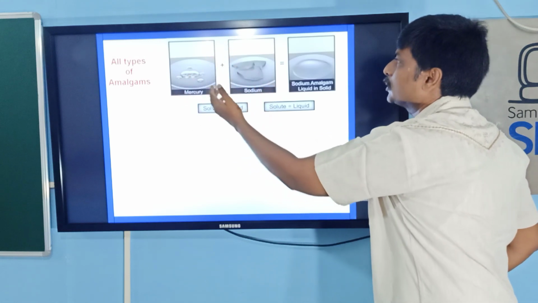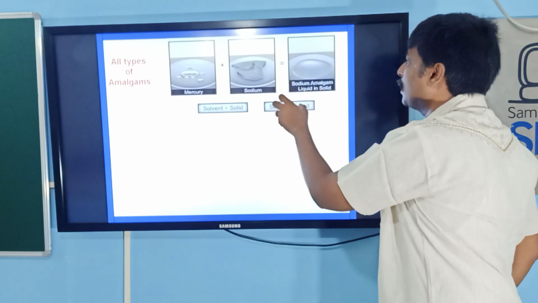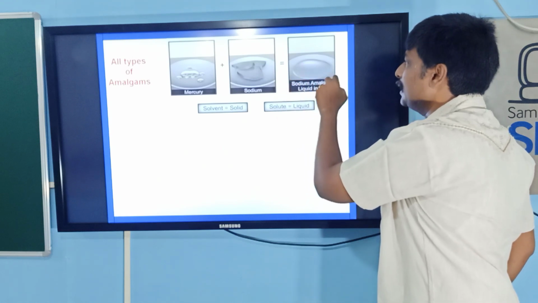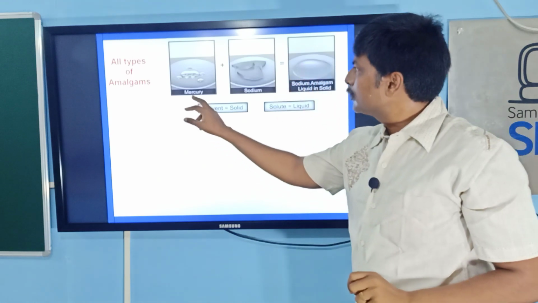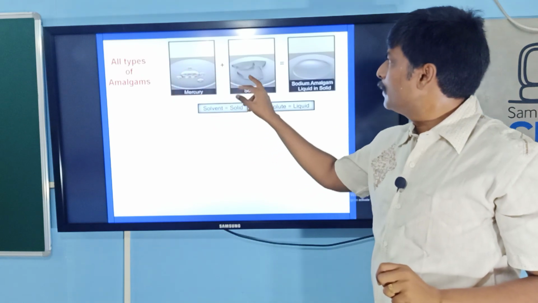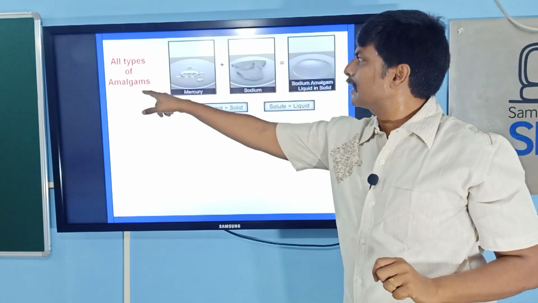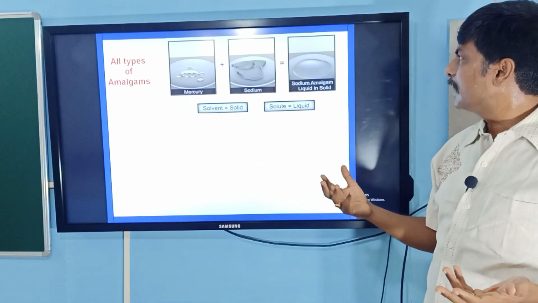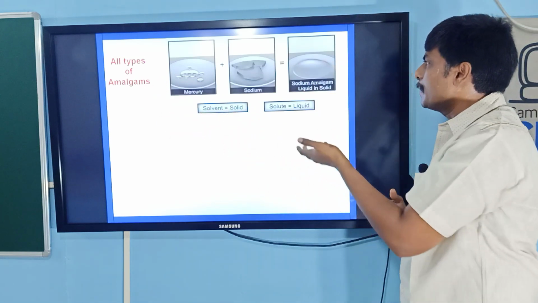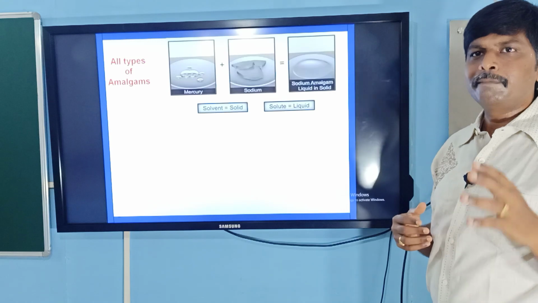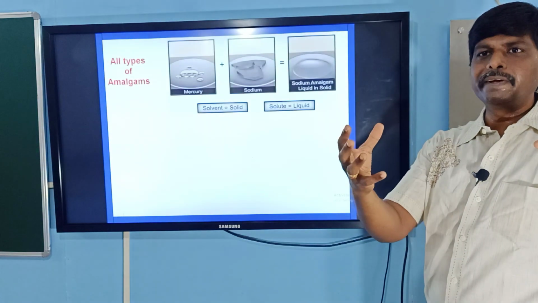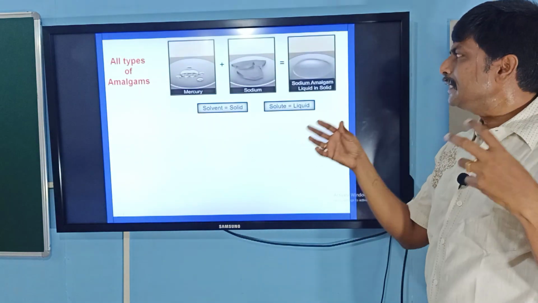So it is a solution of liquid in solid. Mercury is a liquid, sodium metal is a solid. So these are called amalgams. One more example for amalgam: sodium amalgam, zinc amalgam. Zinc metal is mixed with mercury, zinc amalgam.